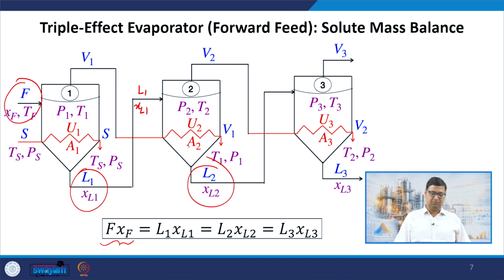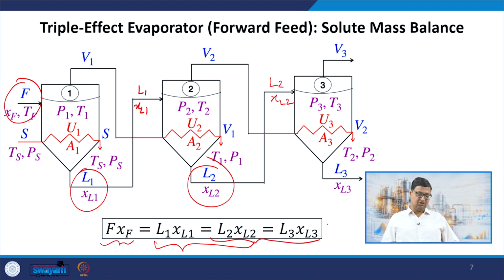So, if I do the solute balance for the second effect, we will get L1 XL1 is equal to L2 XL2, and similarly for the third effect we will get L2 XL2 is equal to L3 XL3, right.